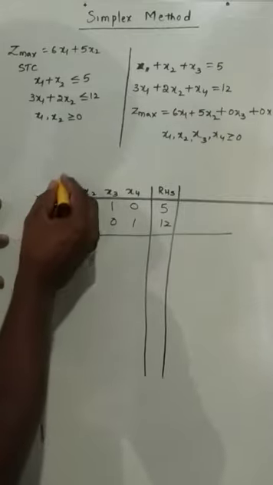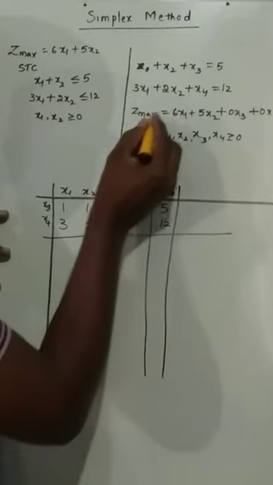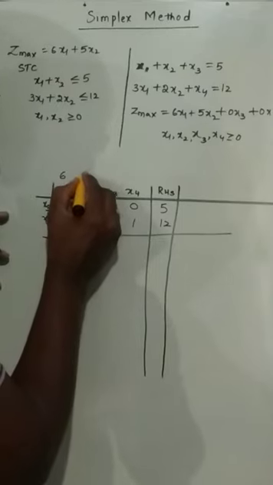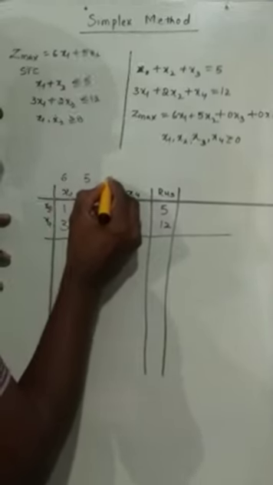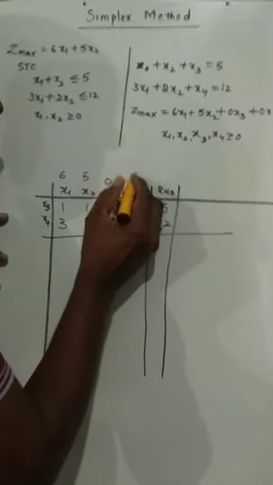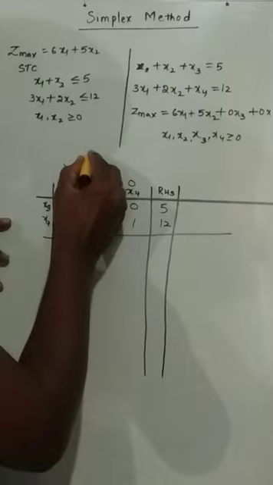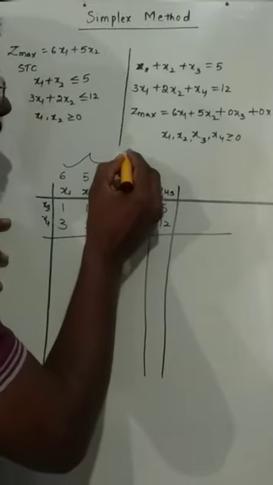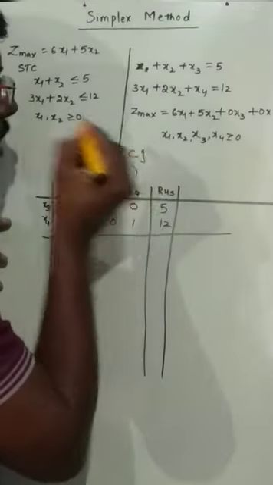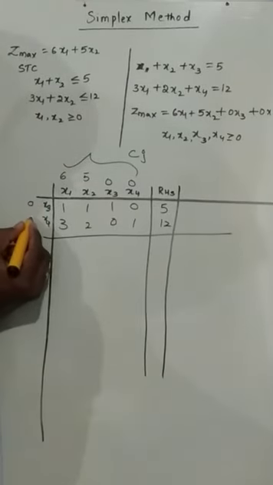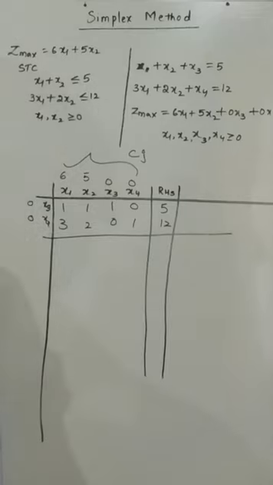Now the coefficients are in the Z max: the coefficient of x1 is 6, of x2 is 5, of x3 is 0, and of x4 is 0. These values we have written here are called the Cj values.